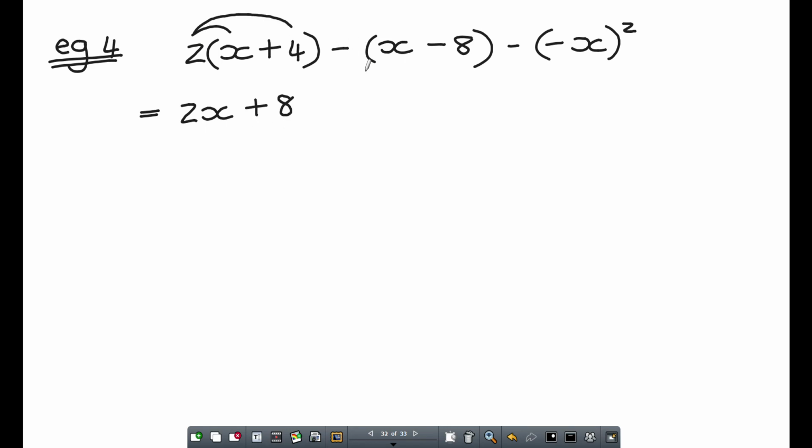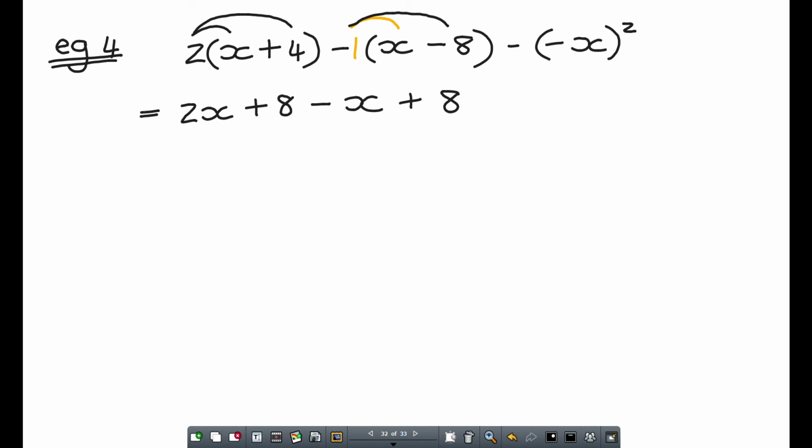Now what happens here? It's actually a minus 1. And that minus 1 must be multiplied in. So minus 1 times x is going to give me minus x or minus 1x. Then minus 1 times minus 8 will give me positive 8.